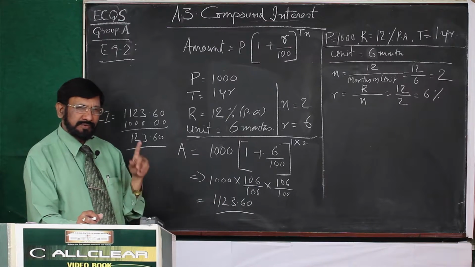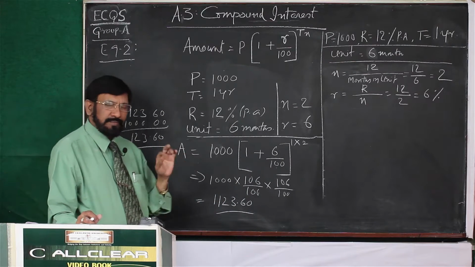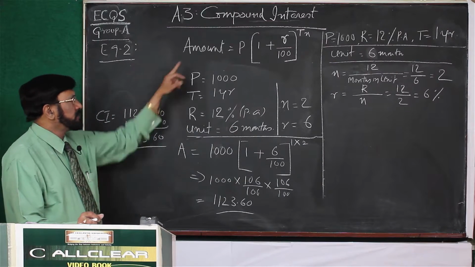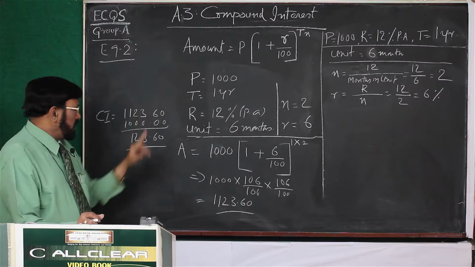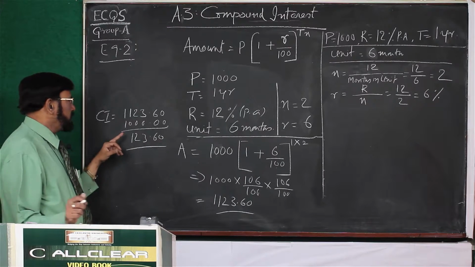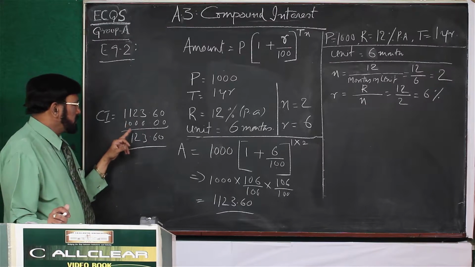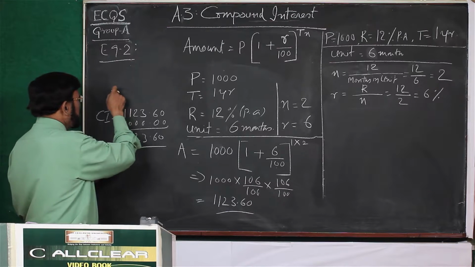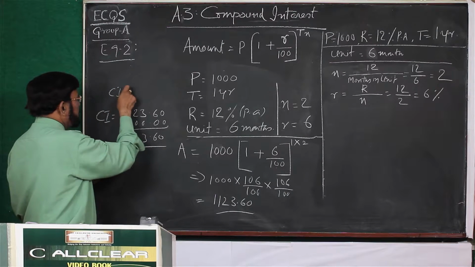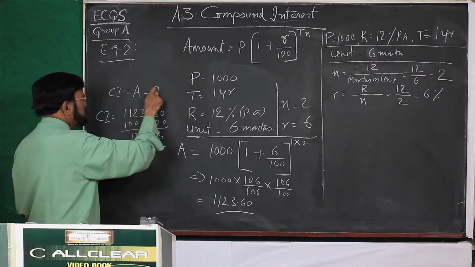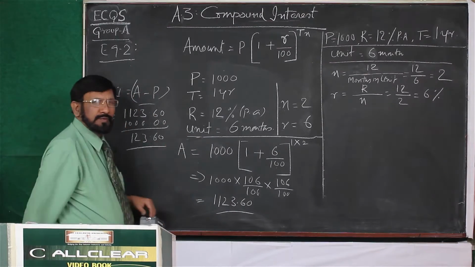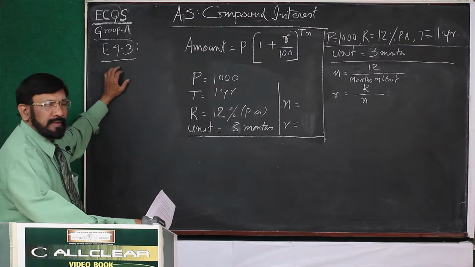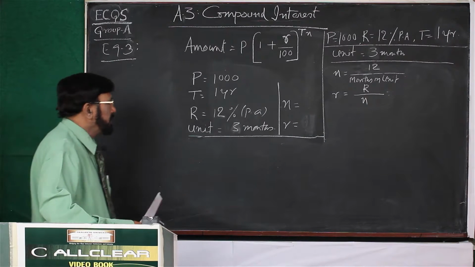In simple interest, we are getting interest directly by the formula: simple interest is equal to PTR by 100. But here we are getting the amount, and if you have to calculate compound interest, only the interest element, what you have to do? CI is equal to A minus P. This is the formula.